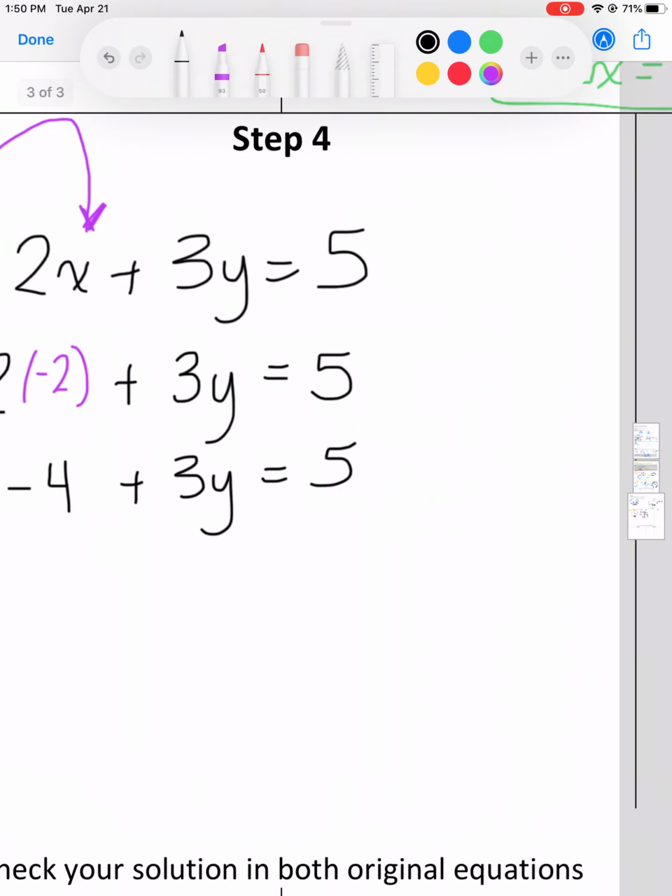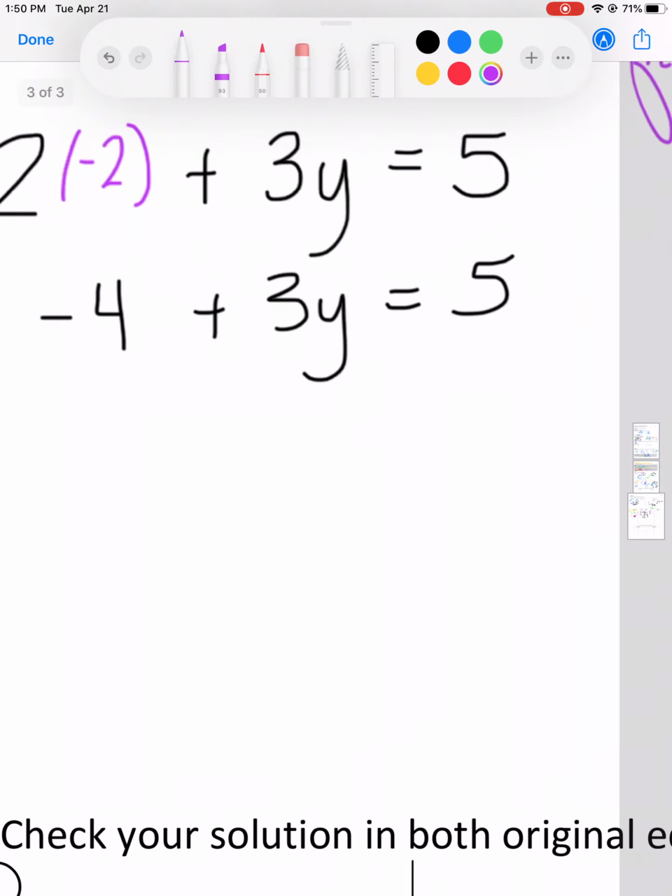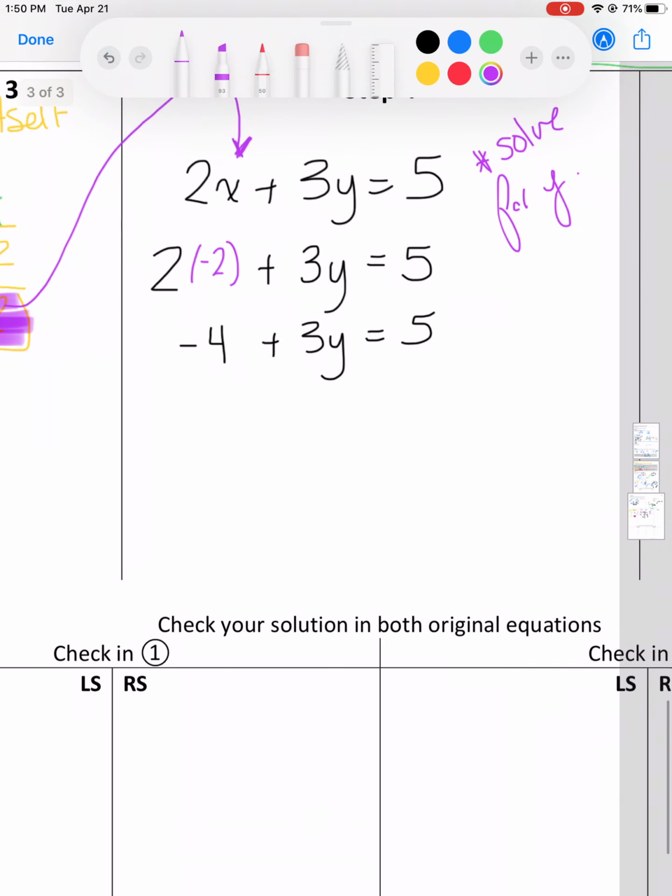Okay, and in this case, we are solving for y. Is y by itself? No. So I need to get that negative 4 to the other side. So I'm going to bring up a pencil. Plus 4, plus 4.